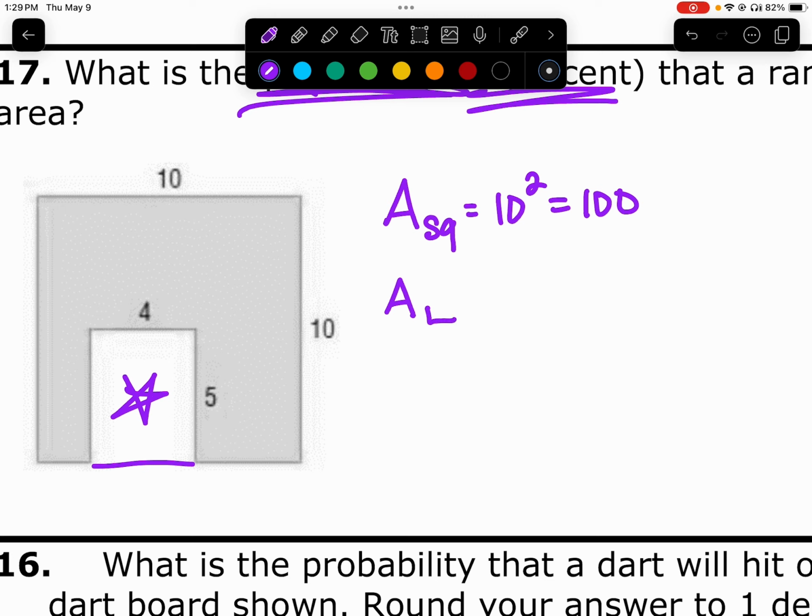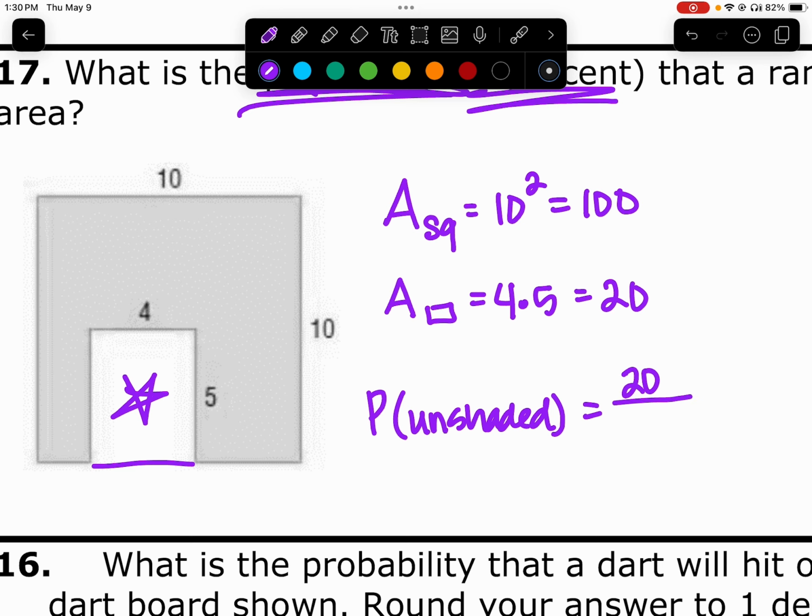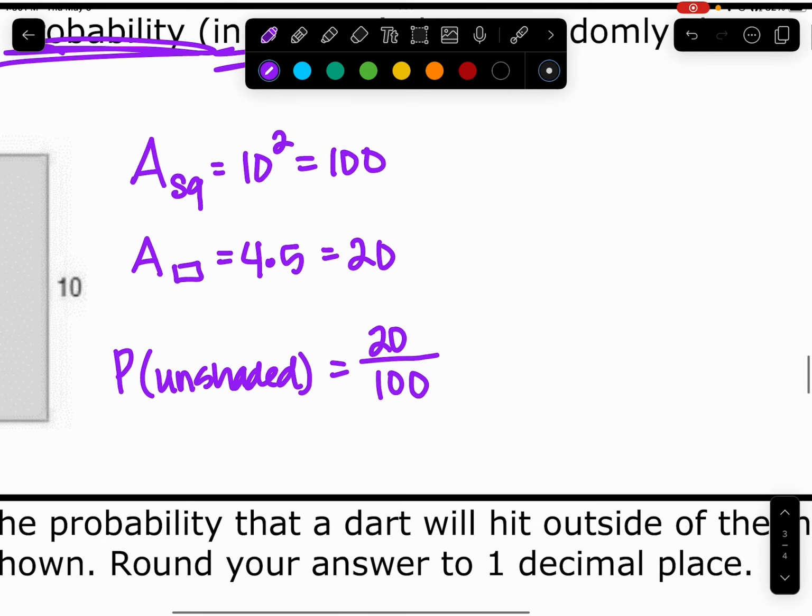The area of the rectangle, because the sides aren't equal, is going to be 4 times 5, which is 20. To get the probability of unshaded, we're going to put the unshaded area over the whole thing, and that's just 20%.